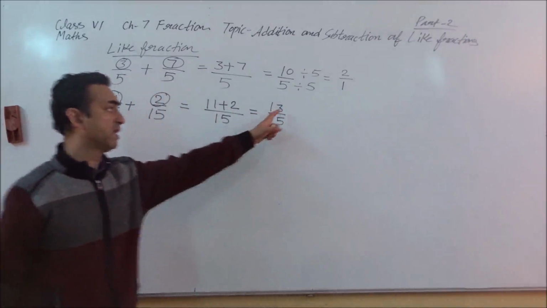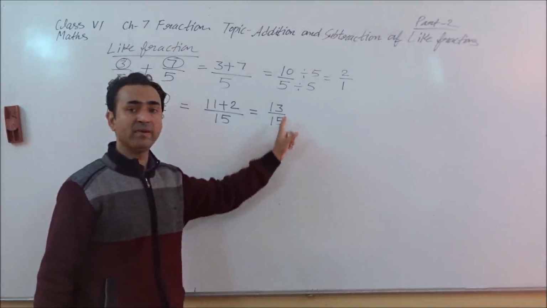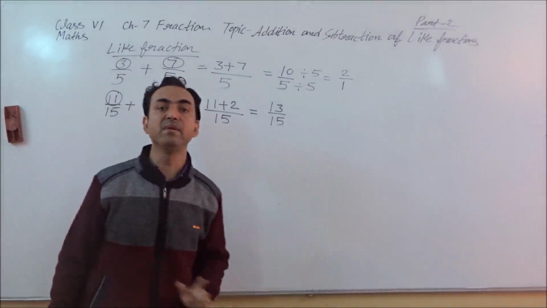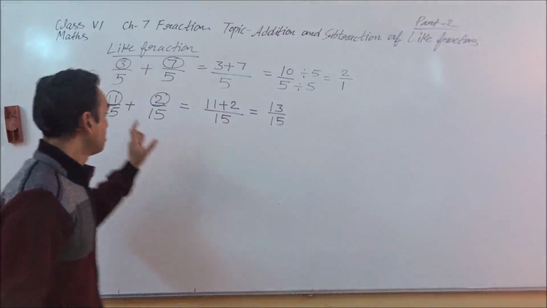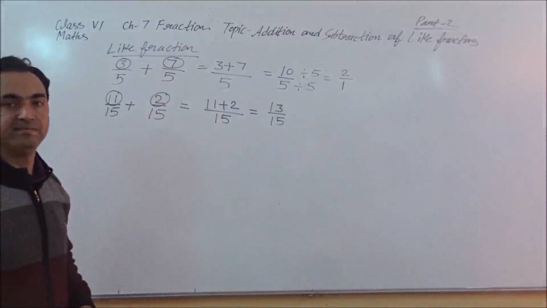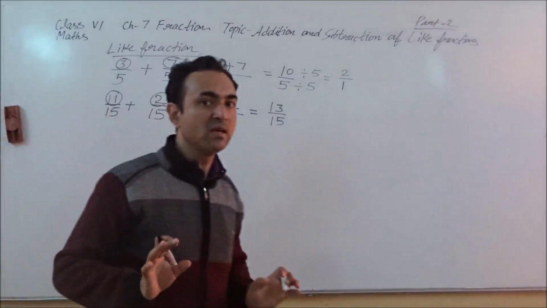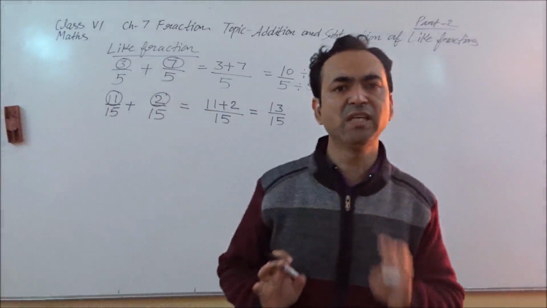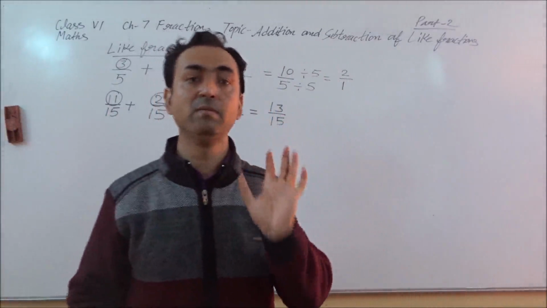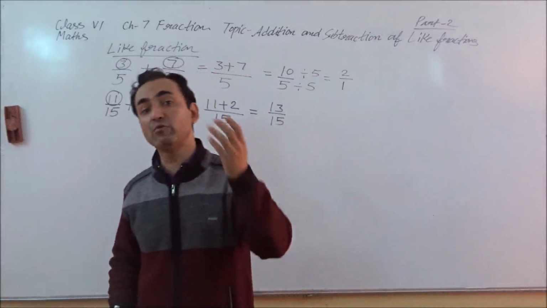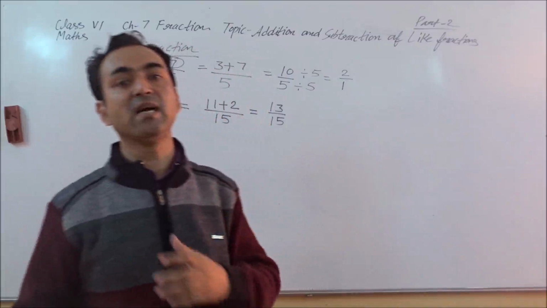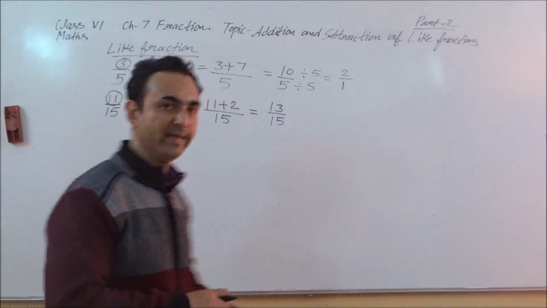And now you can see the only common factor is 1, so it's already simplified, right? So 13 upon 15 is the answer. So I think it is very easy to add like fractions. Just add the numerators. But before addition, you have to check that the given fractions are like or unlike, right?